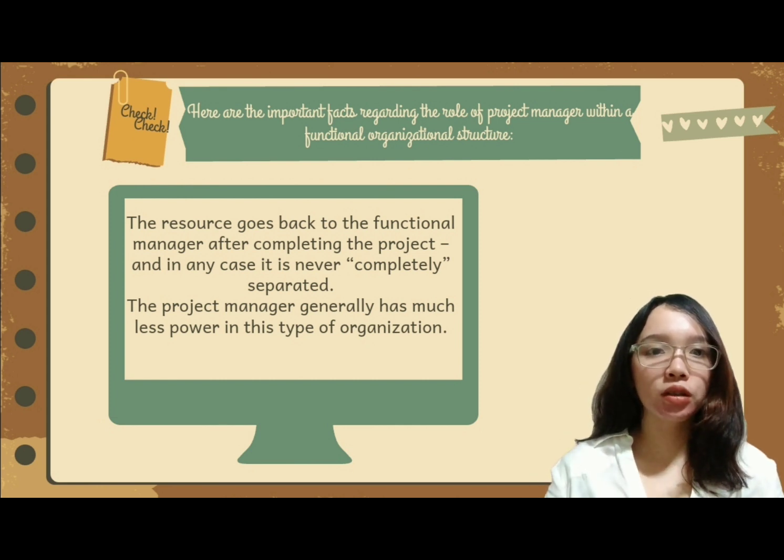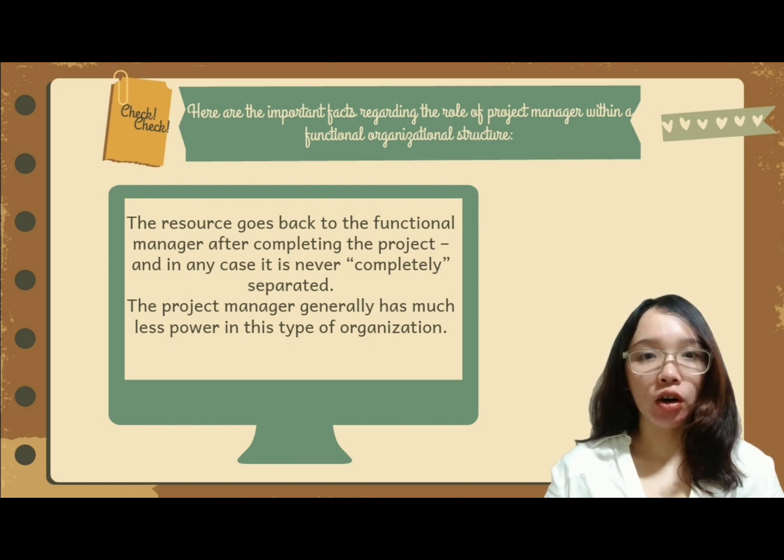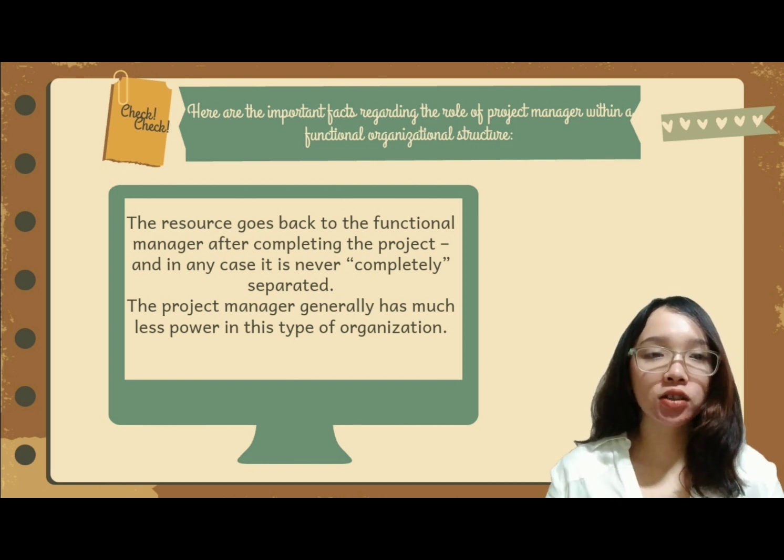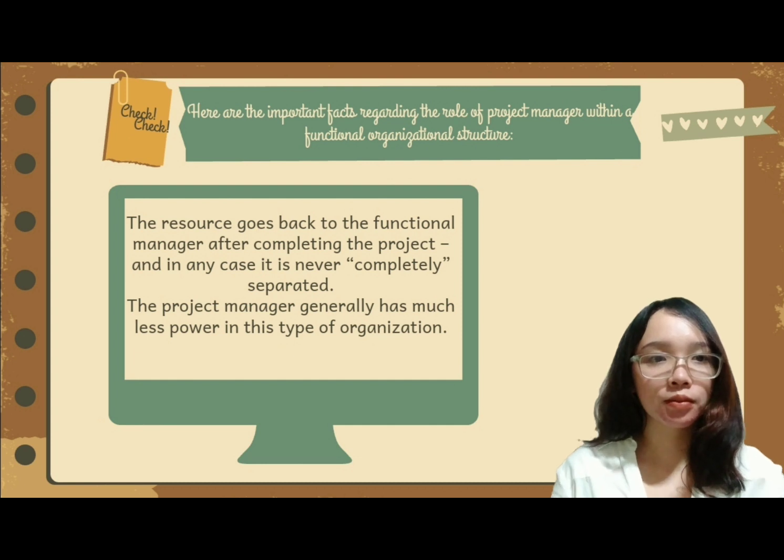The functional manager will control the budget, and the project manager will act more as the coordinator of the project activities rather than having real project management responsibilities. The resources of the project must be negotiated with the functional managers, and the accessibility of these resources will be based on the business conditions.